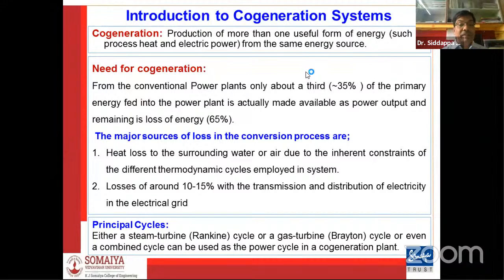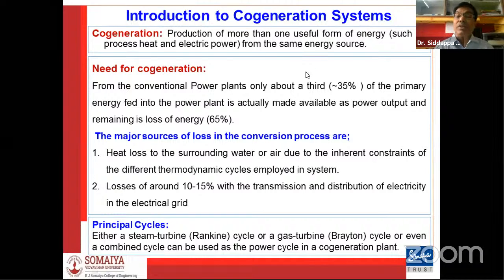Now, what are the principal cycles on which the cogeneration system works? The principal cycles on which the cogeneration system works may be either a heat cycle or a power cycle. That means either the production of heat energy and then its utilization for conversion into power output, or first the primary power output, and then using the heat for different processes.